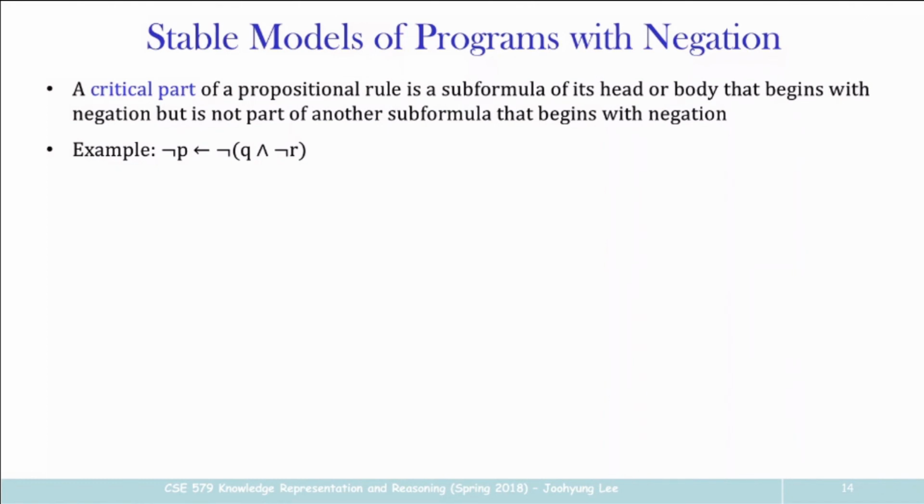Okay, it might be confusing, I understand. So let's look at this example. Here, not P is negation of Q and not R. So there are three occurrences of negation. Which part is critical, which part is not? Maybe let's draw the parse tree.